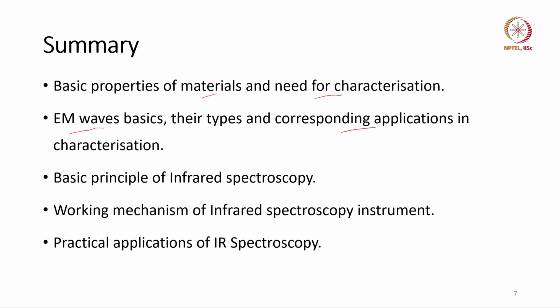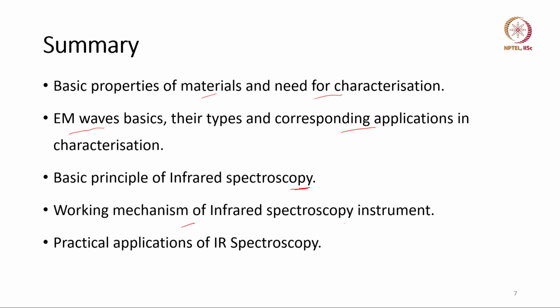Then we talked about the spectroscopy and the basics of IR spectroscopy, its basic working principle, some of the basic instrumentation parts, and then we saw the working mechanism, and also we talked about some examples of ethanol, toluene and carbon dioxide, how some of the vibrations are IR active and some of the vibrations are IR inactive.